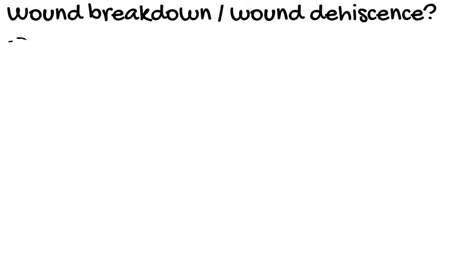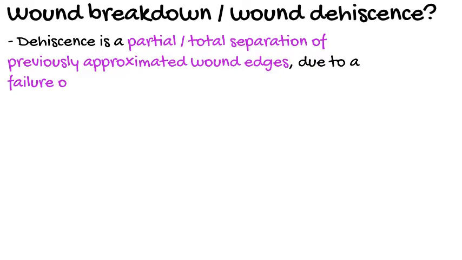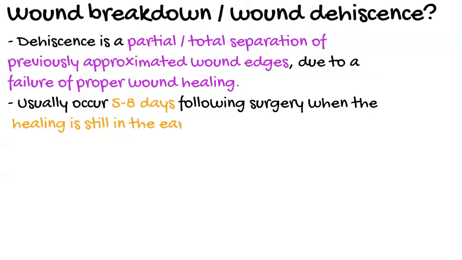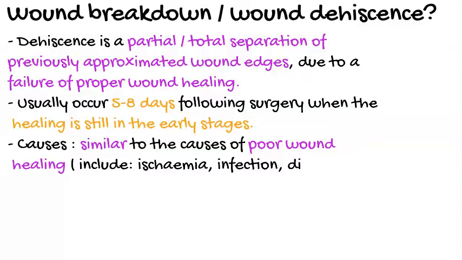In the next question, how do you define a wound breakdown or wound dehiscence? Wound dehiscence is a partial or total separation of previously approximated wound edges due to a failure of proper wound healing. It usually occurs 5 to 8 days following surgery when the healing is still in the early stages.